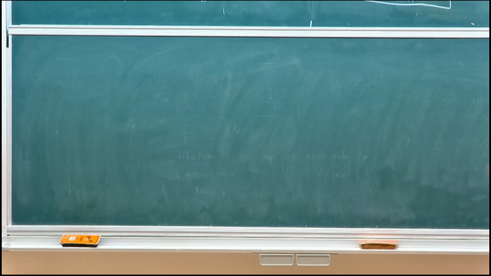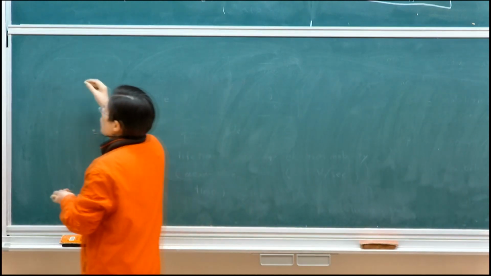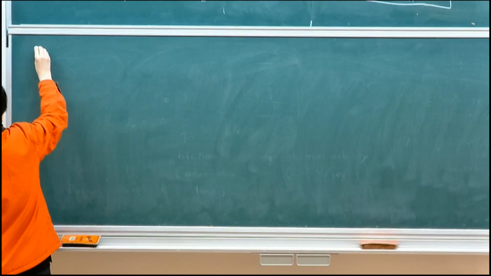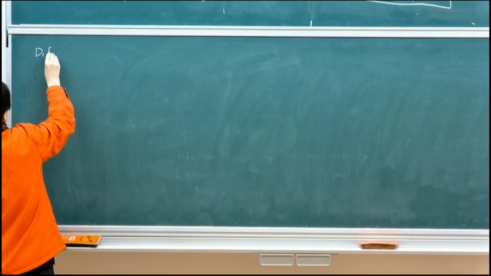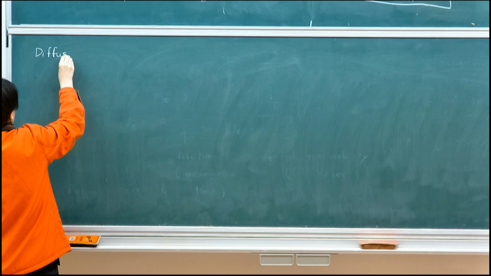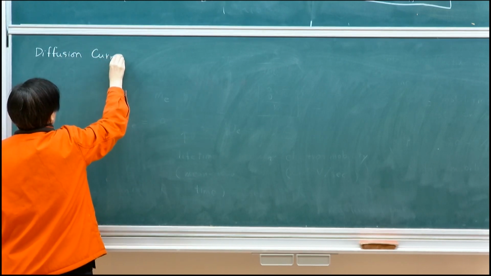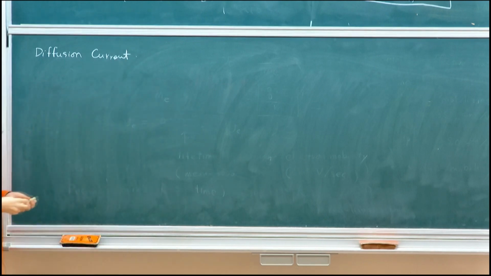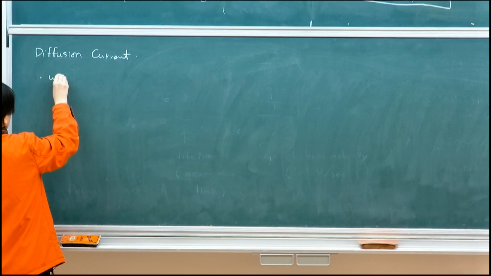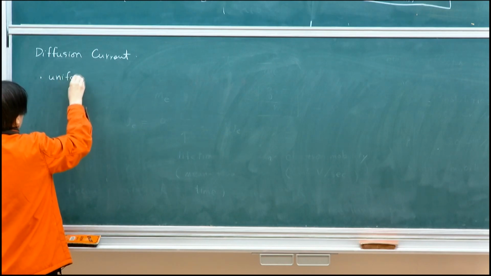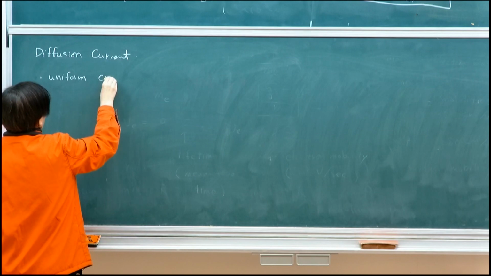So the second transport mechanism is diffusion. You get diffusion when the population or densities are uneven, so this happens when there's non-uniform carrier concentration.